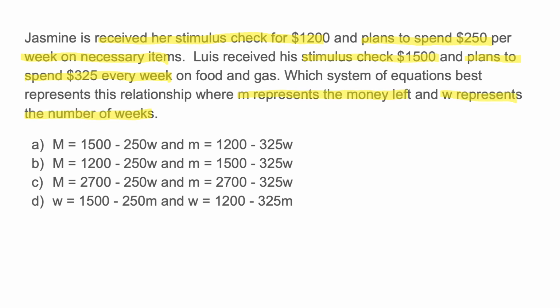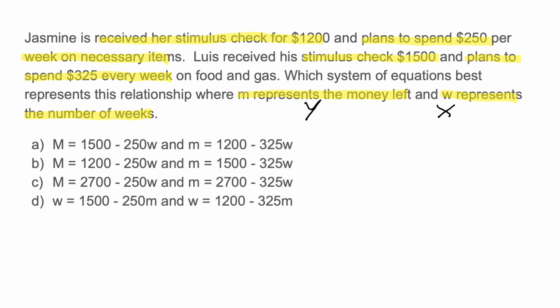So, if I'm going to do this, that means that this is Y and this represents X, because as the number of weeks are changing, X is changing, the money in the bank account changes also because of it. So, X is independent, Y is dependent, W is independent, M is dependent.